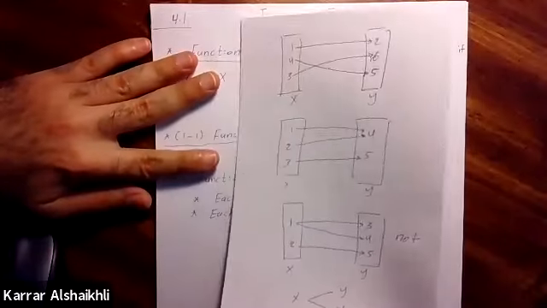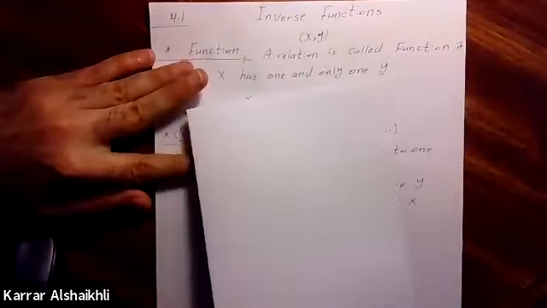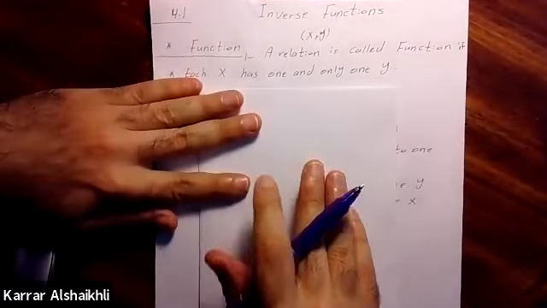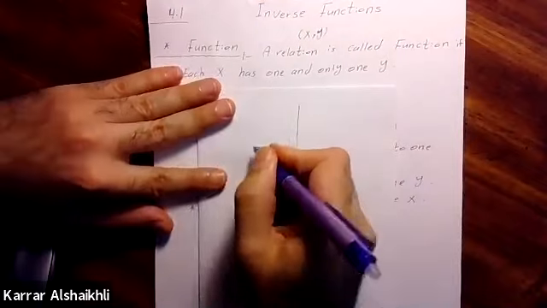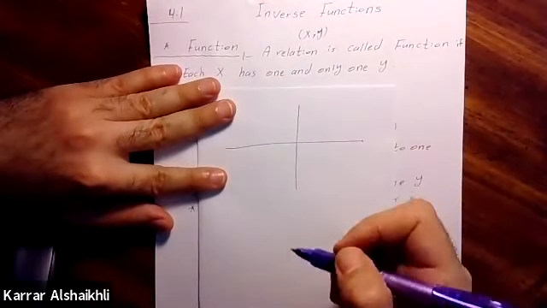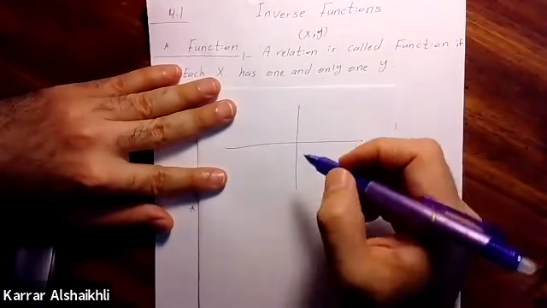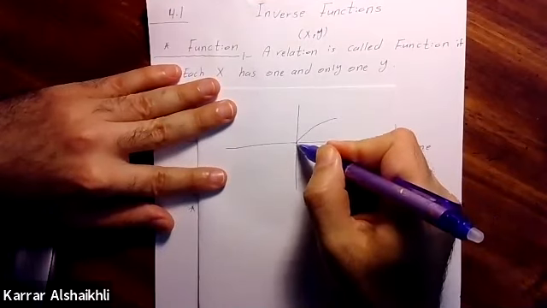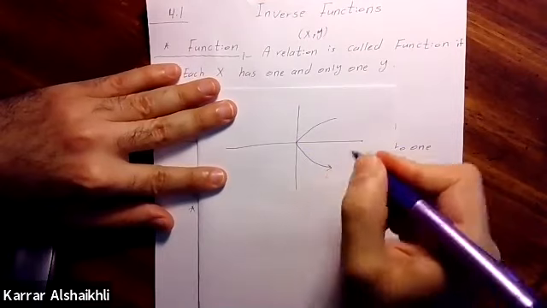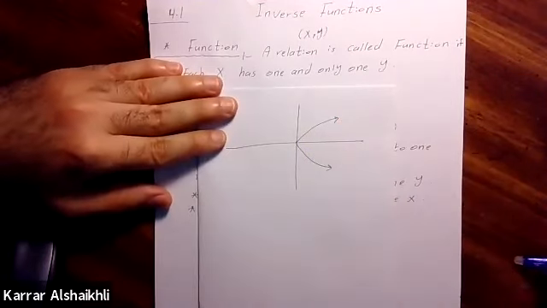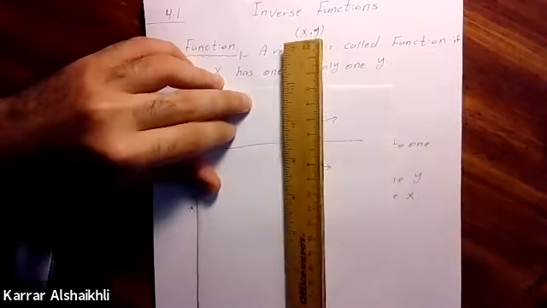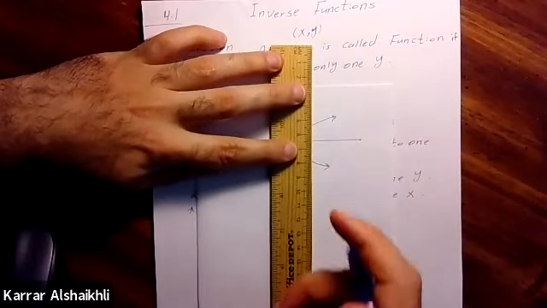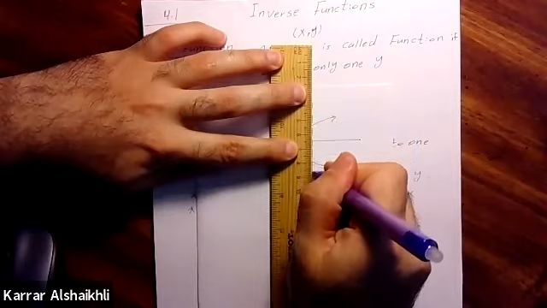At the same time, if you want to check this function by using horizontal line test, we already did an example like this. If you have a function like this, so remember we're going to graph a horizontal line test here, and we can check.